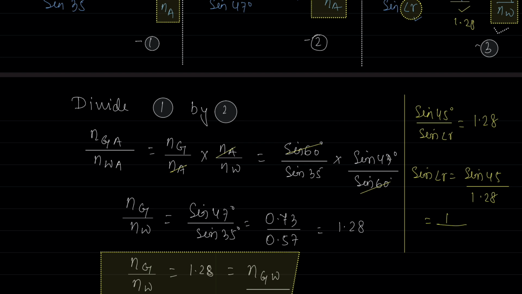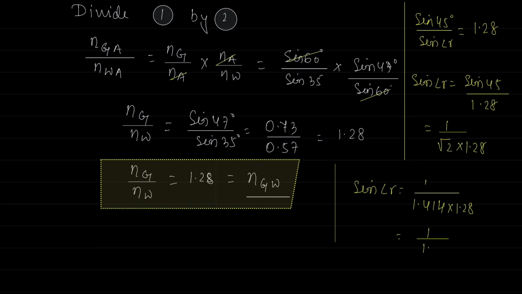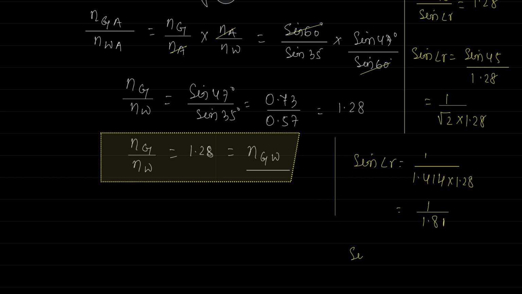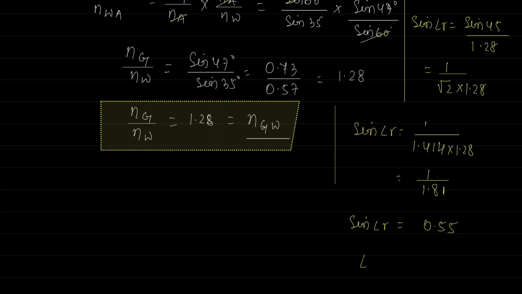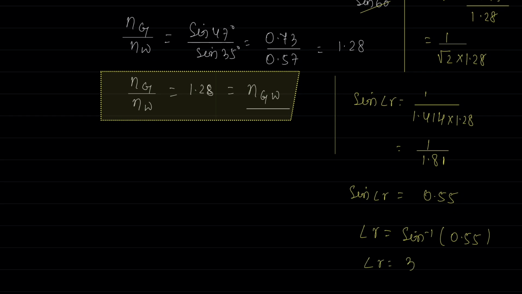Sin 45 is 1 by root 2, so sin R is equal to 1 by 1.414 into 1.28, which is 1 by 1.81. So sin R is equal to 0.55. So angle R is equal to sin inverse 0.55. Its approximate value is 33 degrees. This is the answer to this question.